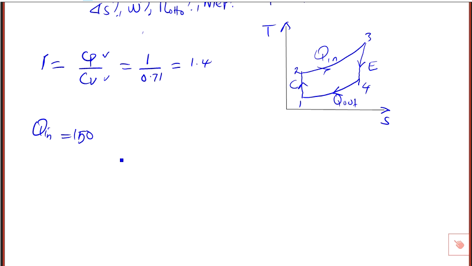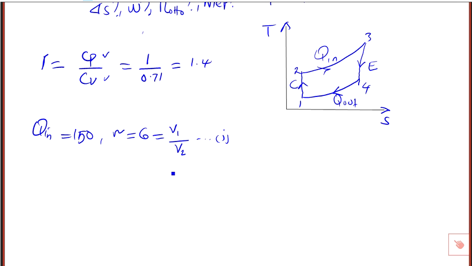Now let's go ahead and find out how we can play around with this value here. We also know the compression ratio is given as 6, and from our previous discussion the compression ratio R is usually V1 over V2. I call this equation 1.